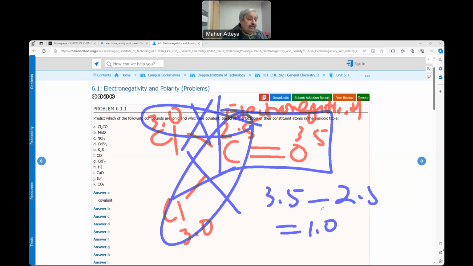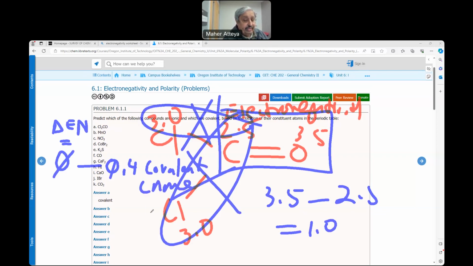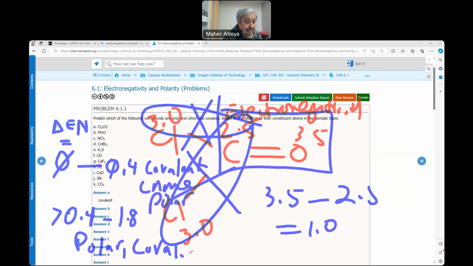Okay, guys. Now you have to look at the scale. The scale will tell you from 0, that's delta electronegativity, the electronegativity difference, from 0 to 0.4, this is covalent. The type of bonding is covalent, and it is nonpolar. From greater than 0.4 to 1.8, or 1.9, this is polar covalent.